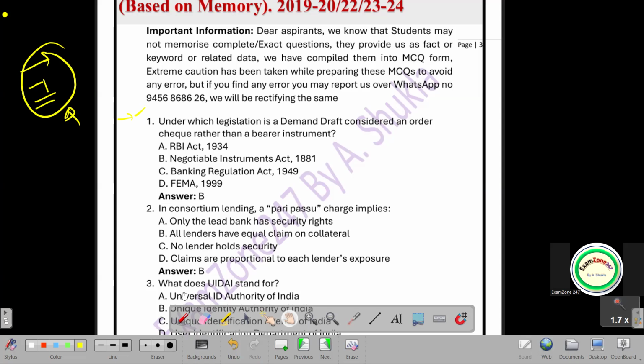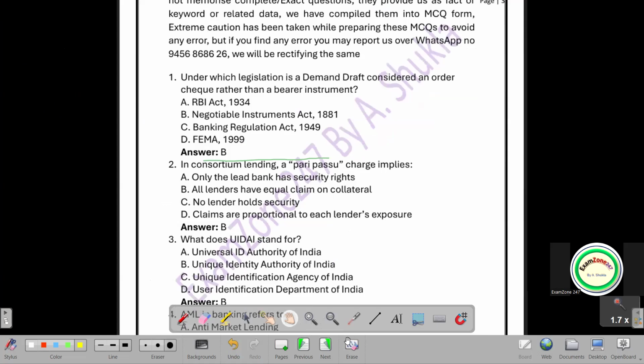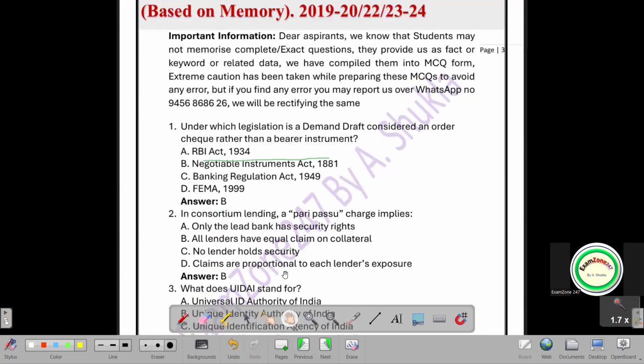They generally do not have such scope of knowledge and they are confusing you too. See, NI Act talks about negotiable instruments. Most of the students answered it like this only.